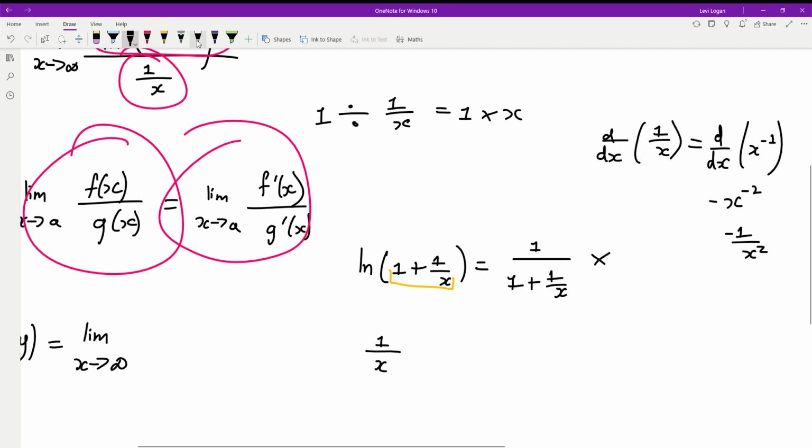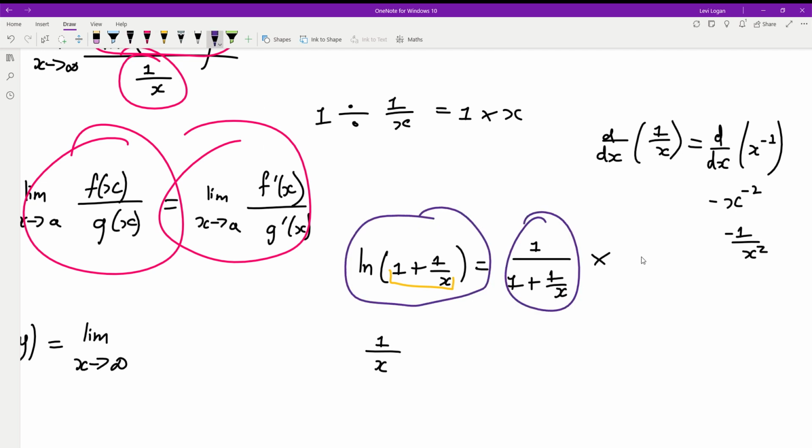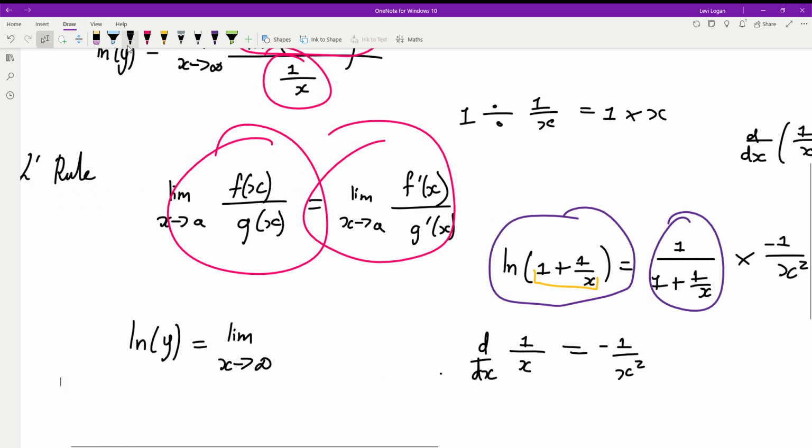So the derivative of natural log of 1 plus 1 over x is going to be this term multiplied by negative 1 on x squared. And then we're going to differentiate this, which is exactly the same thing as what we just did there, so that is negative 1 on x squared. So when we're rewriting it, we'll write it as the fraction 1 over 1 plus 1 on x times negative 1 on x squared, divided by negative 1 on x squared.